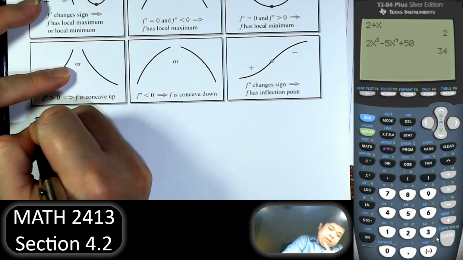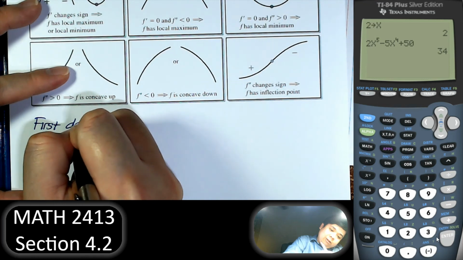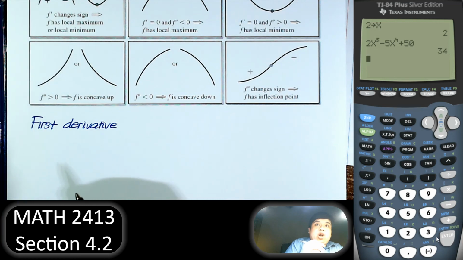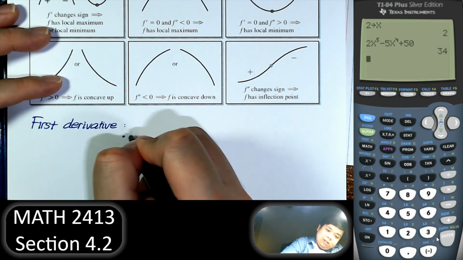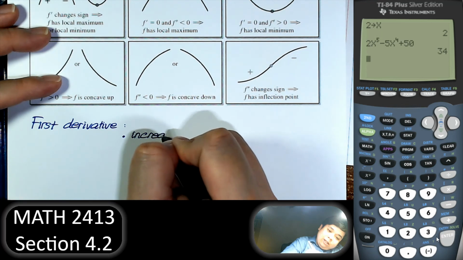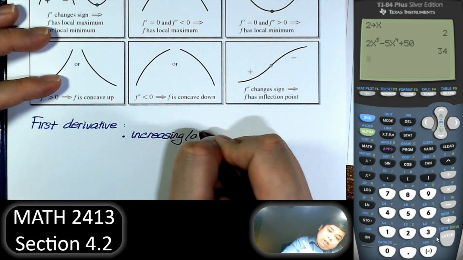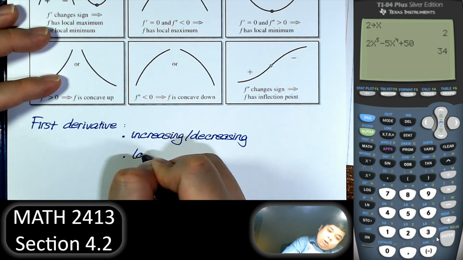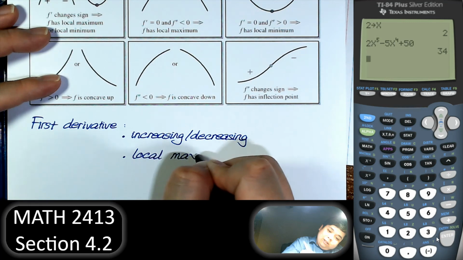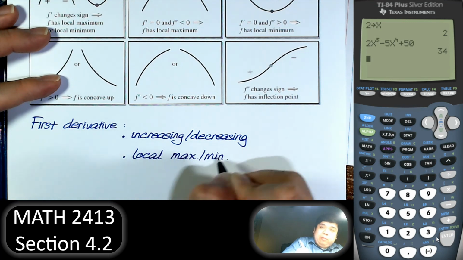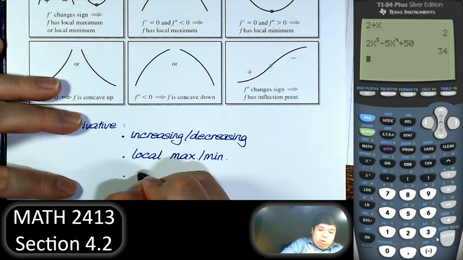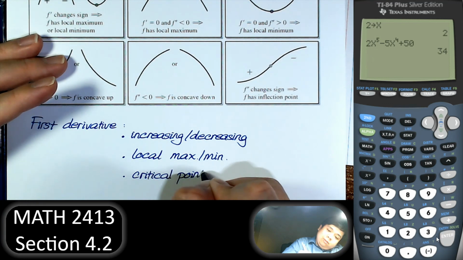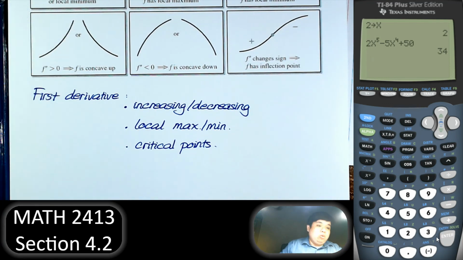The first derivative can give us increasing or decreasing, a local max or min. Of course, we also have the critical point. So that's what the first derivative tells us.